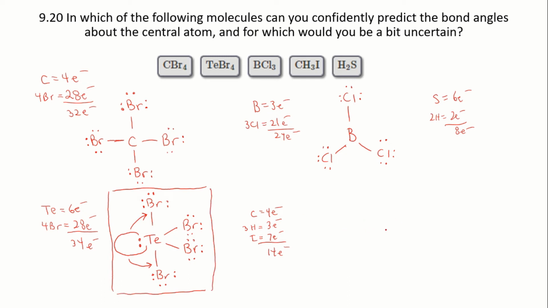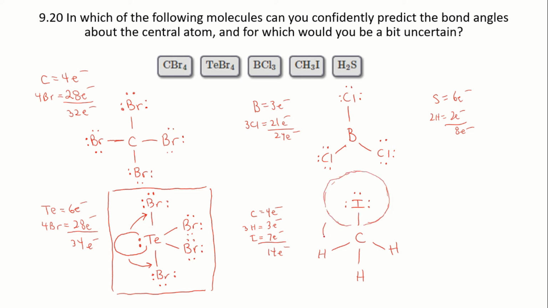And then for our iodomethane, this one's a little bit different, but it's similar in that yeah, it would be tetrahedral. We'd assign all of our electrons. And again, here, it's not a lone pair of electrons, but iodine, right? Iodine is much, much, much larger than hydrogen. So it's going to take up a lot more space.